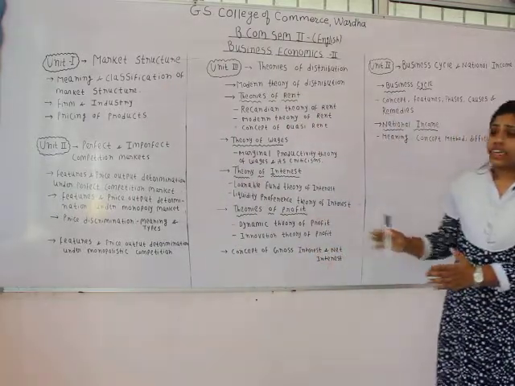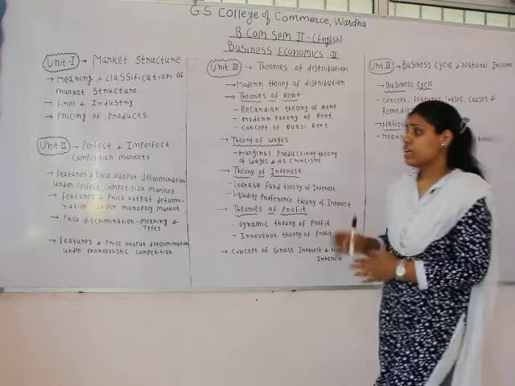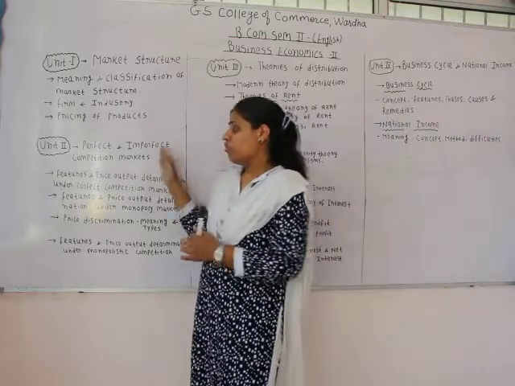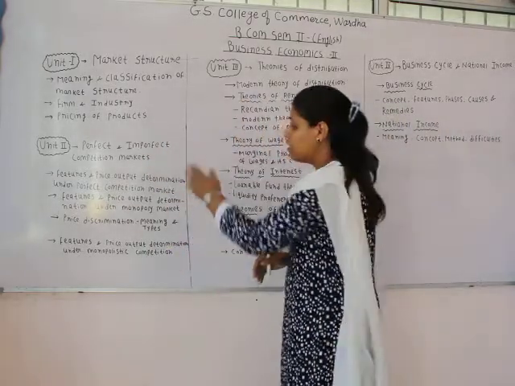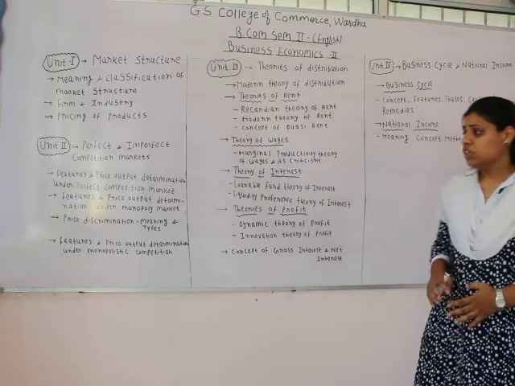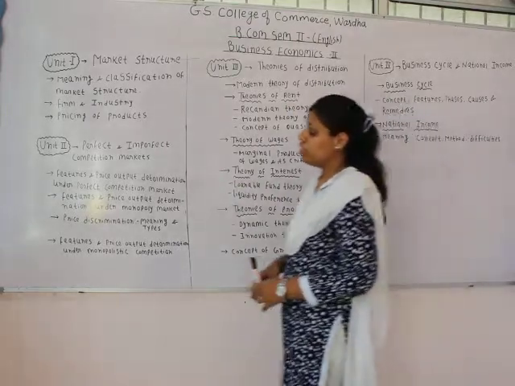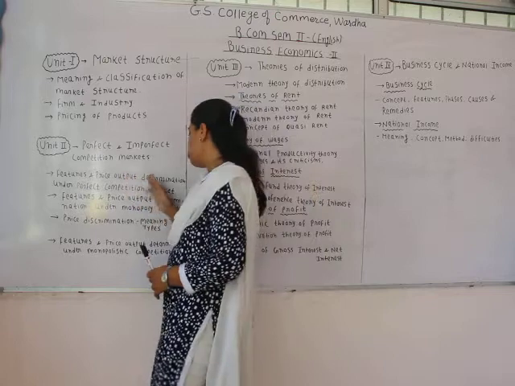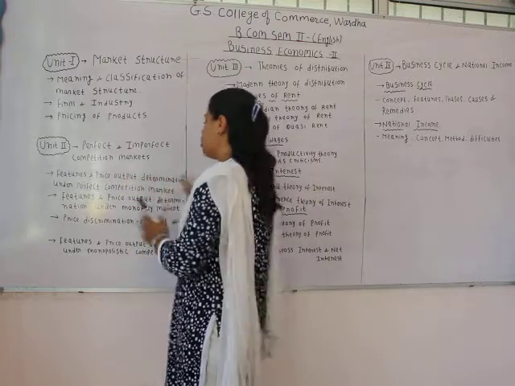Then the second unit is associated with perfect and imperfect competitions. Again under this unit we have different chapters. So first chapter over here is features and price output determination under perfect competition market.